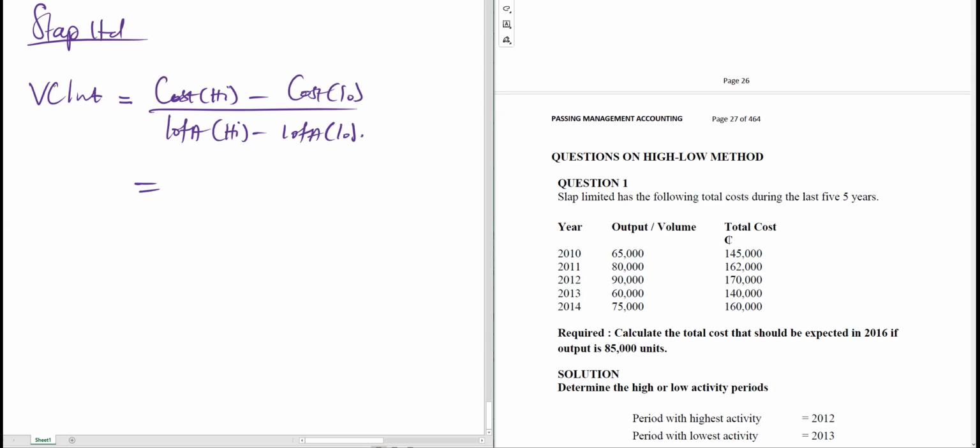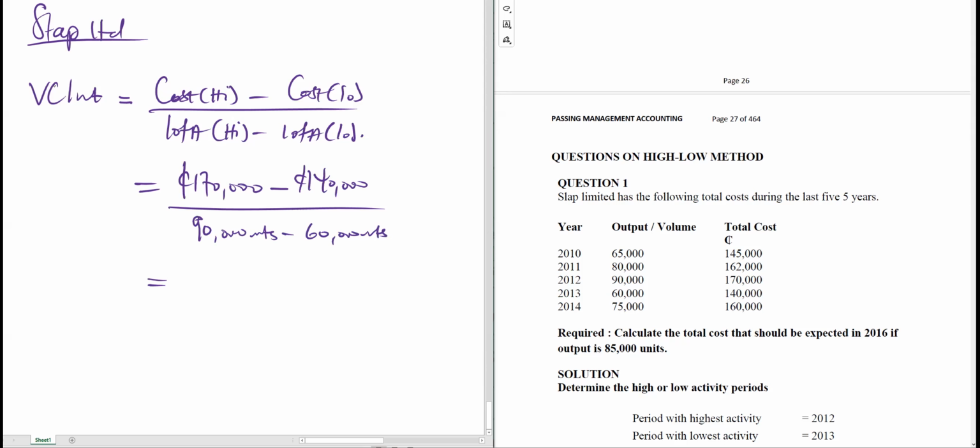In that case, the highest cost was 170 and the lowest was 140, so 170 minus 140, all over 90,000 units minus 60,000 units.